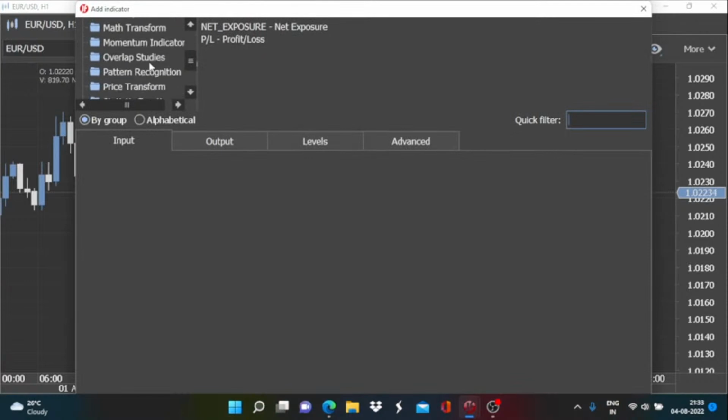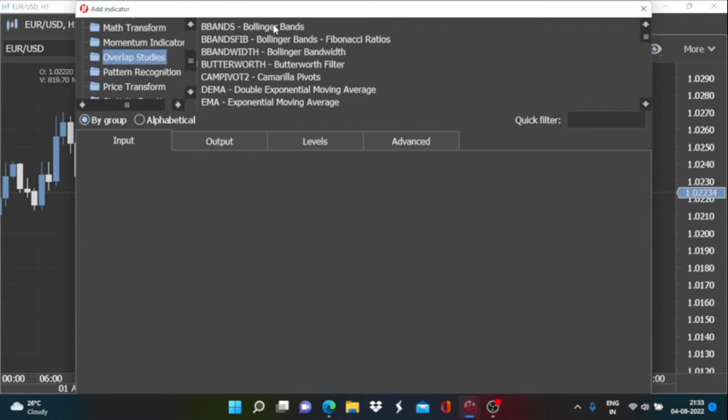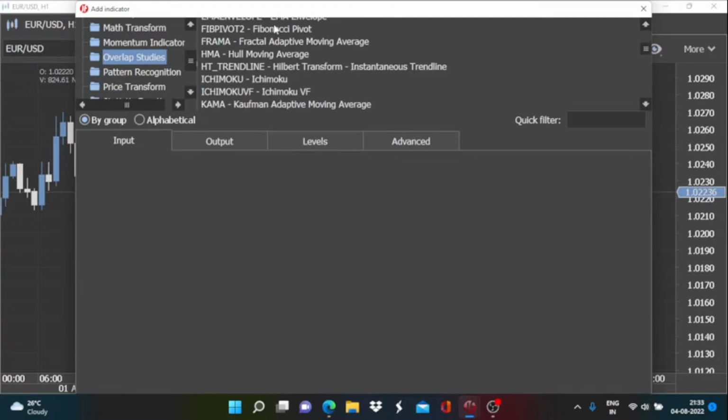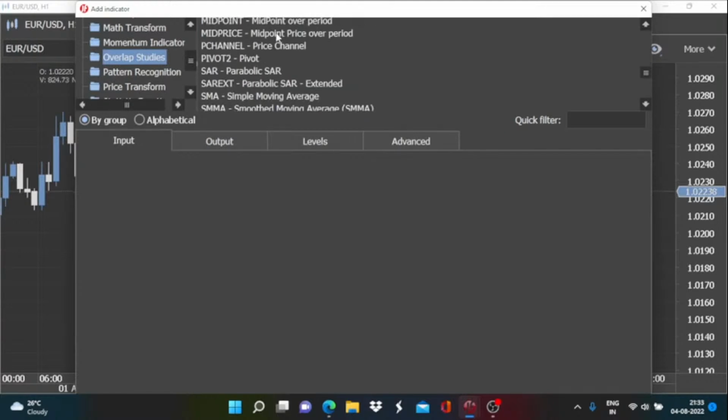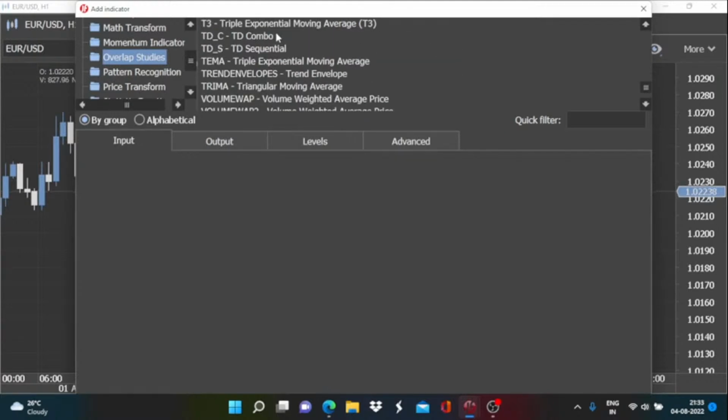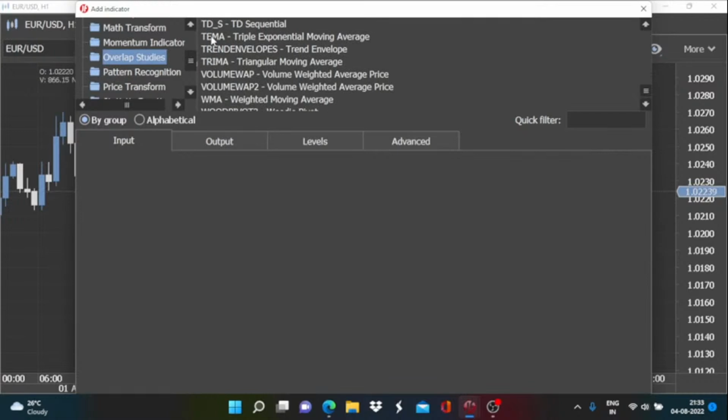So all you have to do is go to this overlap studies, and here you will find it just below the indicator starting from T. Then we have V. So we have here alphabetical order of these indicators, and you will find these two indicators, volume WAP and volume WAP 2.